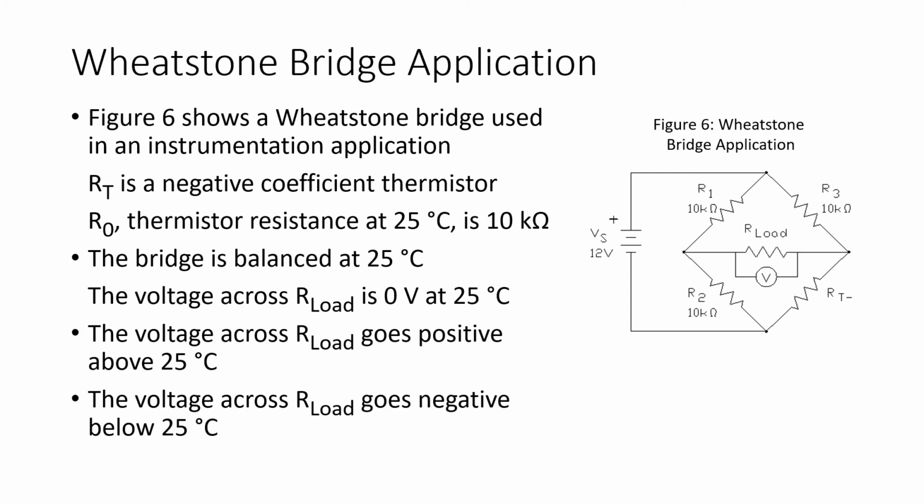However, the voltage across the load resistor will go positive at temperatures above 25 degrees Celsius and the voltage across the load resistor will go negative at temperatures below 25 degrees Celsius. Because, as hopefully you recall from our discussion of thermistors, this is a temperature-dependent resistance.